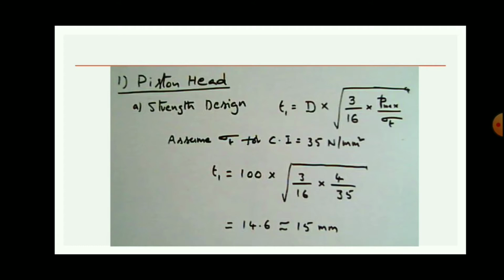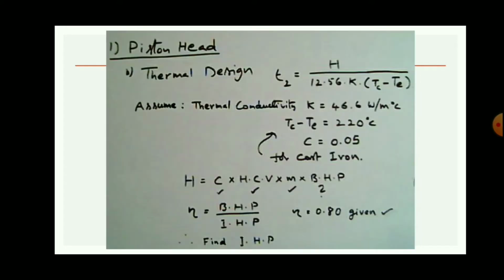For that the formula is D into square root of 3 by 16 into P max by sigma T. Since it is cast iron, sigma T can be taken from the data book, which is 35 Newton per millimeter square, and after substituting the values we will get T1, which is nothing but 15 millimeter.